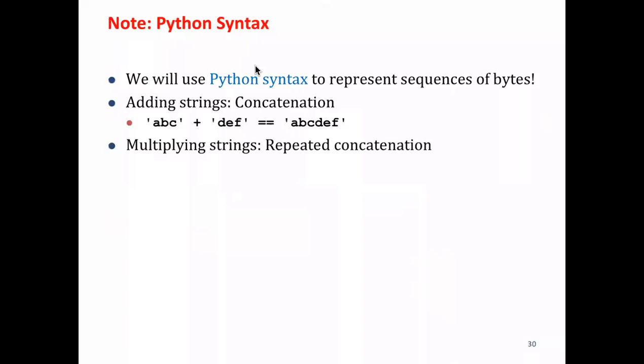When ABC plus DEF becomes a bigger string called ABCDEF, and then when A is multiplied, A star 5 becomes 5 times A in the string. There's concatenation and so on. There are many things you would have studied, so we'll use some of these, not much, because once you get this notation you shouldn't get confused.